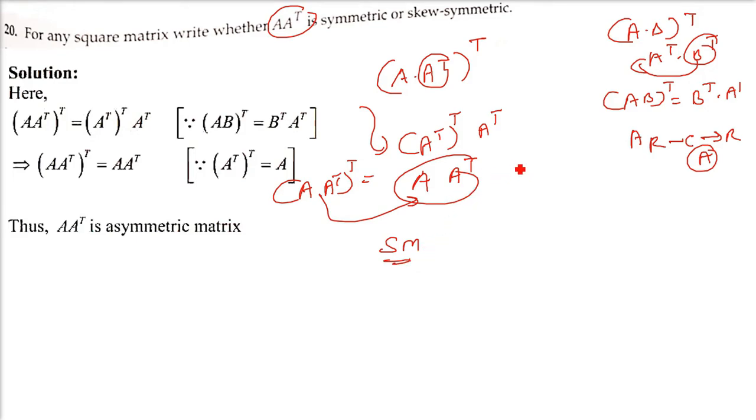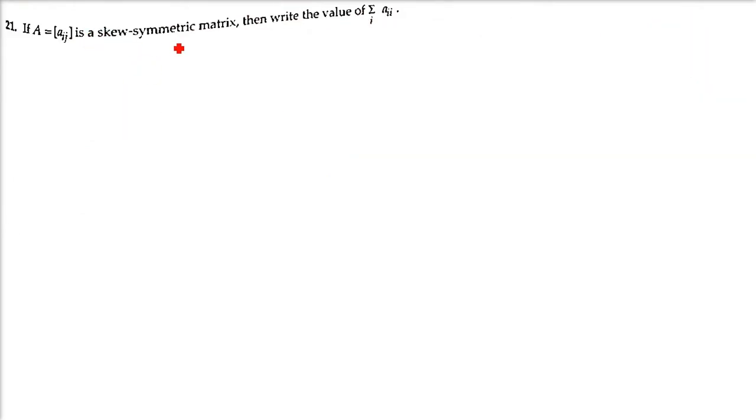That is a symmetric matrix. If Aij is a skew symmetric matrix, then write the value of sigma Aii. First, we are told that this is skew symmetric. So let us assume that we have a matrix, say A, with 2 rows and 2 columns: A11, A12, A21, A22.